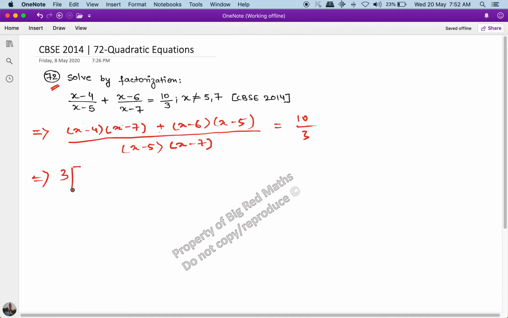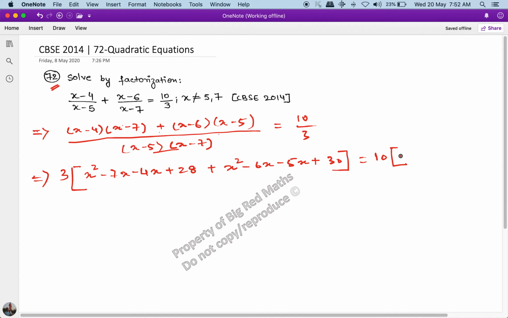So 3, the whole thing, is multiplied by, let's open the brackets, x square minus 7x minus 4x plus 28 plus x square minus 6x minus 5x plus 30, and this whole thing is equal to 10 times the product of these two in the denominator, because I'm cross multiplying and simplifying. So it will be x square minus 7x minus 5x plus 35. Okay, this is the question.